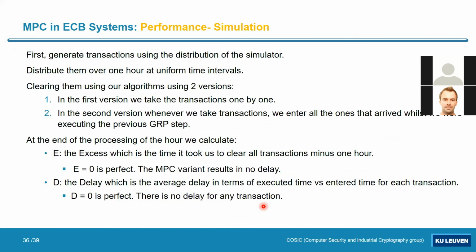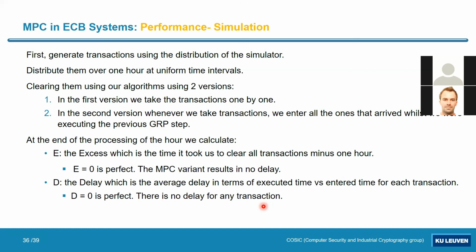We first generated the transactions and then we distribute these transactions uniformly over 1 hour, and then we try to clear these transactions using 2 different versions. In the first version, we take transactions one by one. But in the second version, we take the transactions that were received while we were running the other GRP algorithm and then put them in the new GRP algorithm.